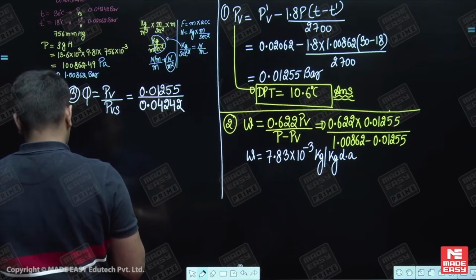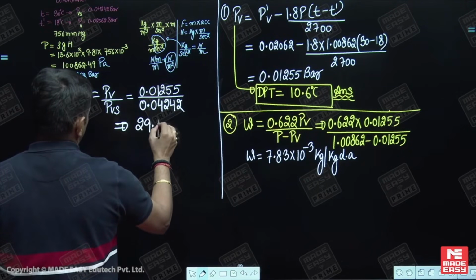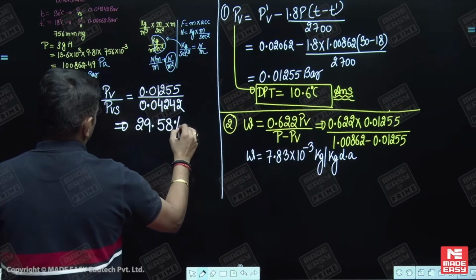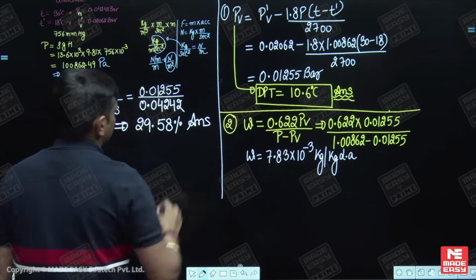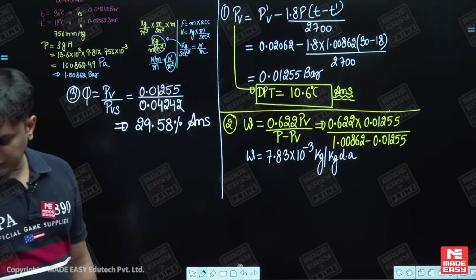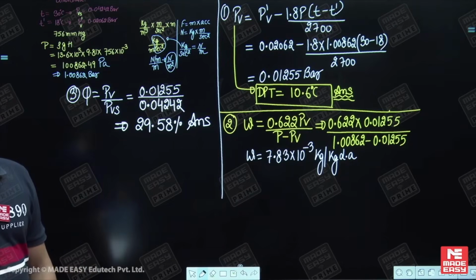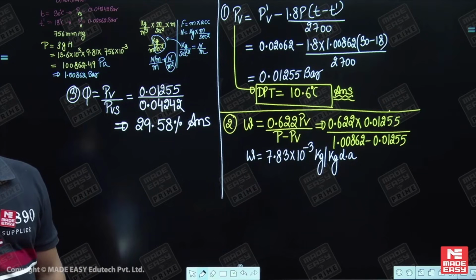So 0.04242, okay, 29.58. This is coming out as 29.58% relative humidity.